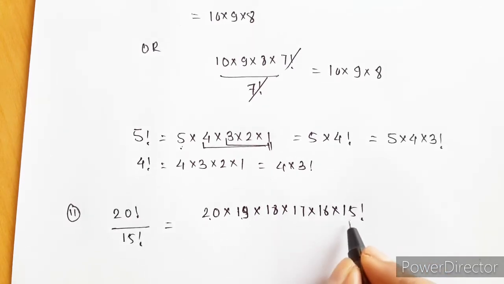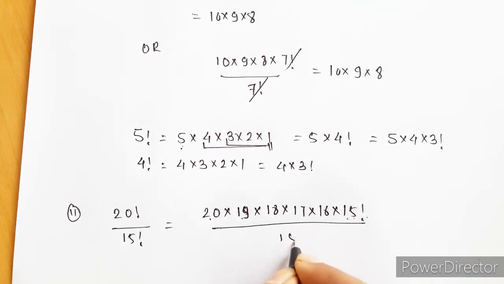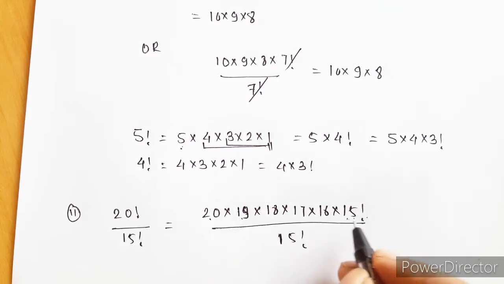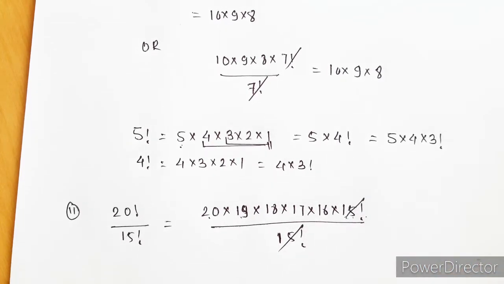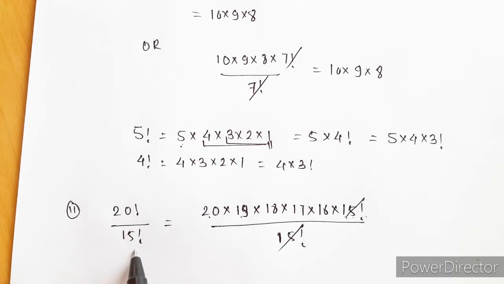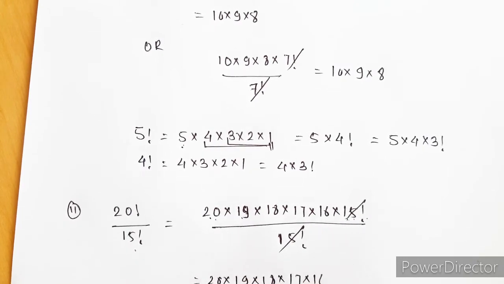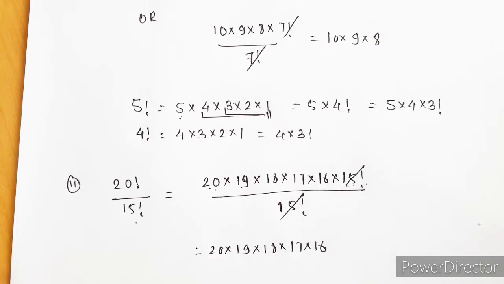Anyways, all the terms after that, 15, 14, 13 till 1, are nothing but 15 factorial, and we have to divide it by 15 factorial. So instead of expanding everything, we can just save our time and cancel it directly. So 20 factorial upon 15 factorial is nothing but 20 into 19 into 18, 17 and 16. Then we can just expand these terms.